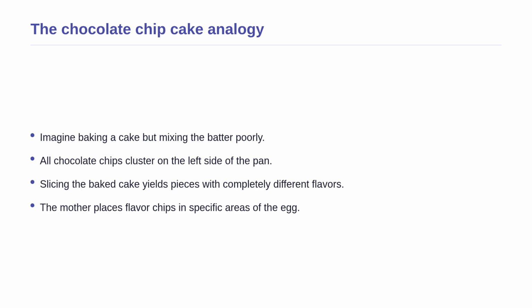Because of this unequal distribution, the two slices have completely different flavors and textures, even though they came from the exact same pan. In the fascinating world of developmental biology, a very similar process happens when a single egg cell divides.